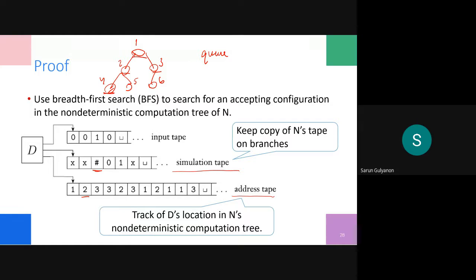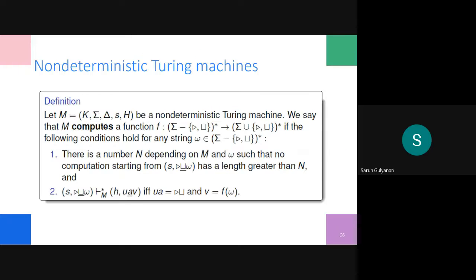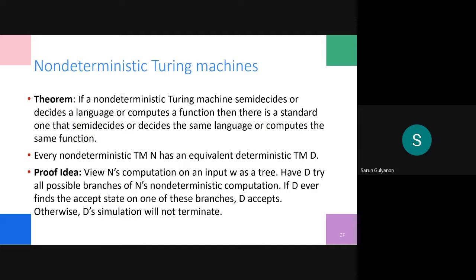That's fine. After we implement the breadth first search, this deterministic Turing machine can compute the same thing as the non-deterministic one. This concludes the proof that every non-deterministic Turing machine has an equivalent deterministic one.